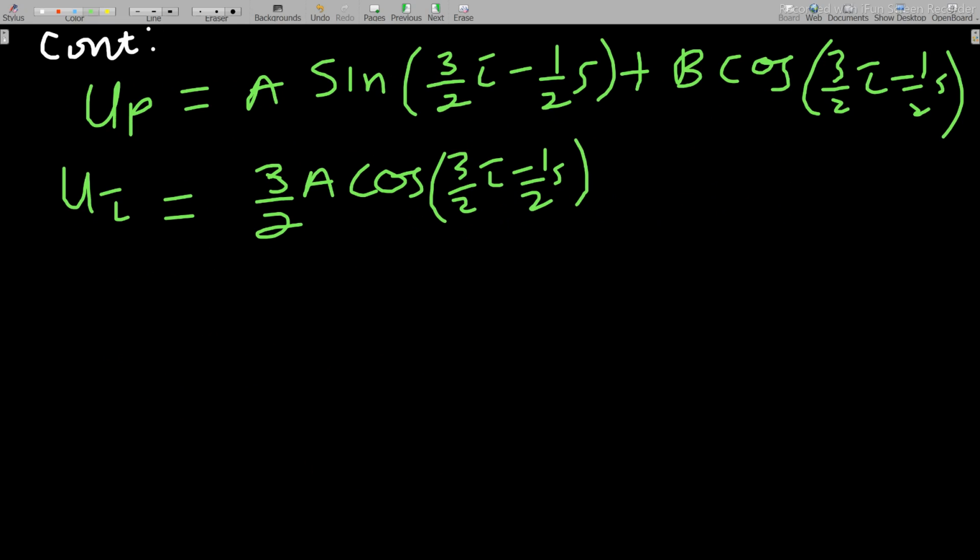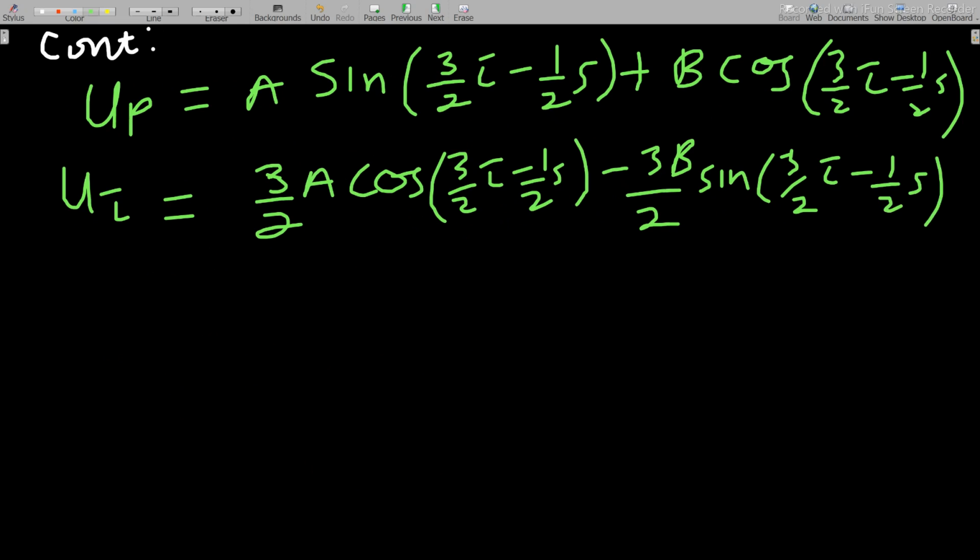Then when you differentiate the bracket for the cos side, you get the same 3 over 2, but when you differentiate cos, you get minus sine, so you get minus 3b over 2 sine of 3 over 2 tau minus 1 over 2s. Then you have to find u tau s. So you have to differentiate u tau with respect to s, and differentiate the bracket with respect to s in the first place, as in with this part.